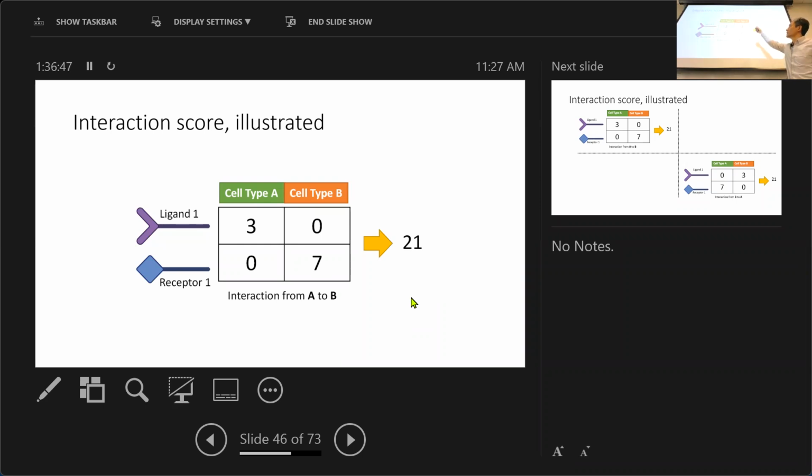Well, for cell type B, the average of this ligand is 0, not expressed. For the receptor, it's opposite. Cell type A has no expression, while cell type B has some expression. So how can we compute the interaction score from cell type A to cell type B regarding ligand 1 to receptor 1? It's 21. Okay.